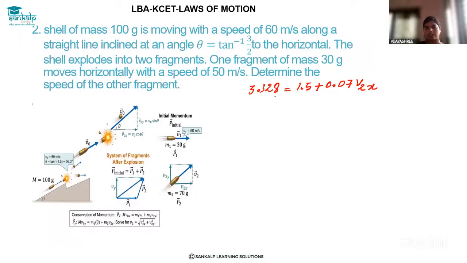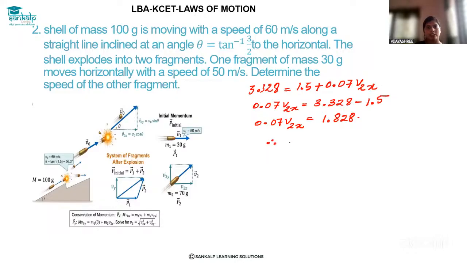Simplifying this, 0.07 v2x is equal to 3.328 minus 1.5, which is 1.828. So 1.828 is equal to 0.07 v2x.